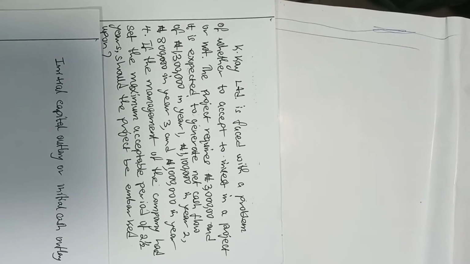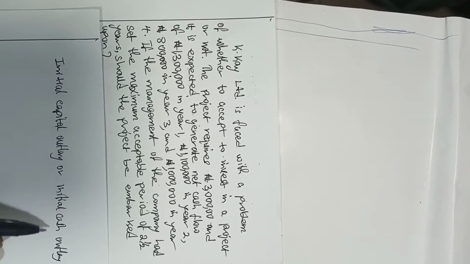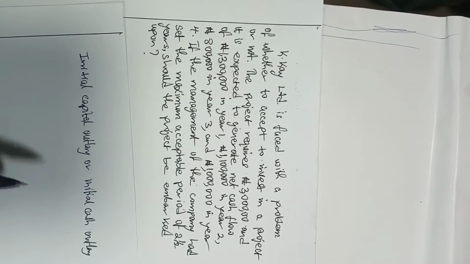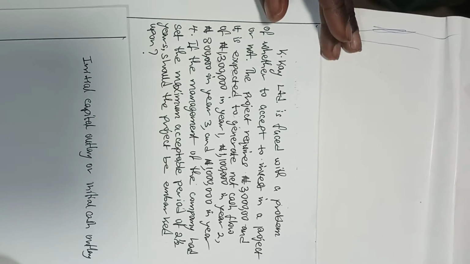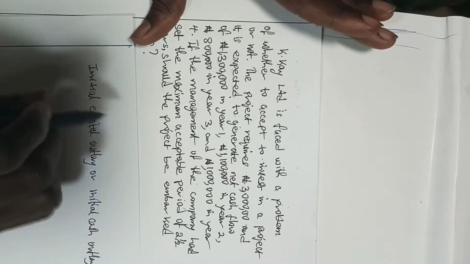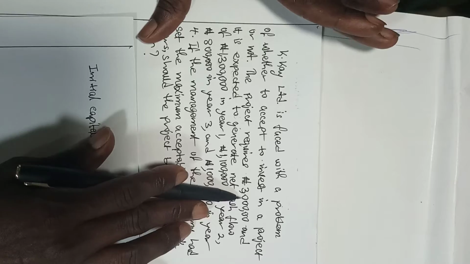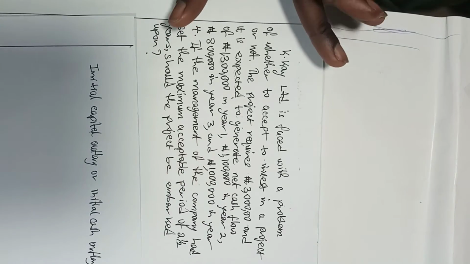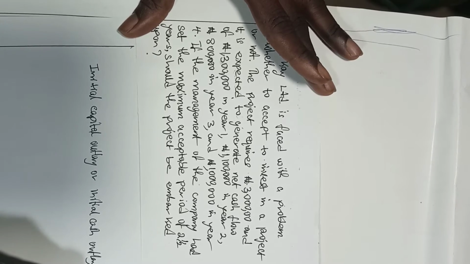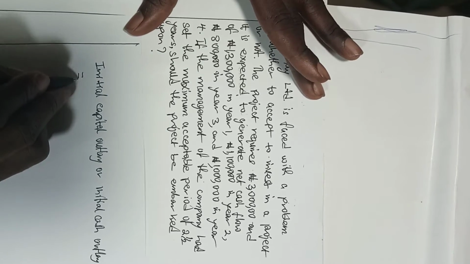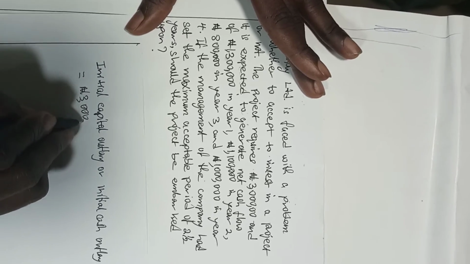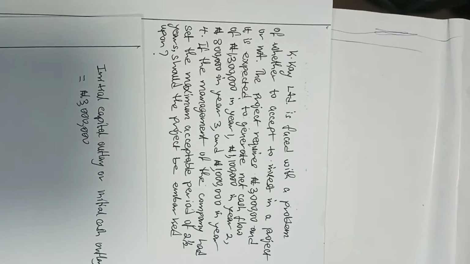They are the same. This initial capital outlay or initial cash outlay is the initial capital that will be invested in the project. So if you look at the question now, you can see that our initial capital outlay is this 3 million. So our initial capital outlay is 3 million naira.